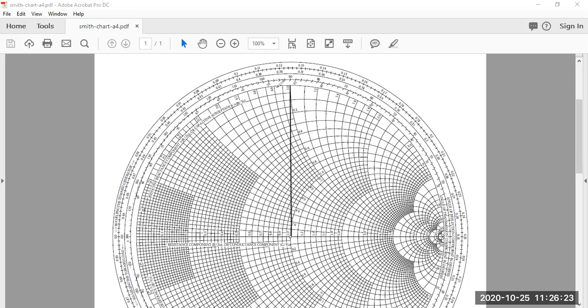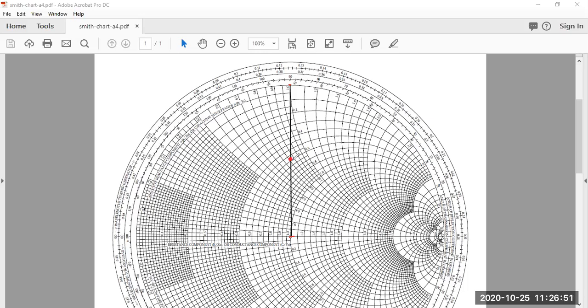So this is the line that you need to draw on the Smith chart that you will have, and then find out the center of this line. So if this line is 8 centimeters, then the center will be at 4 centimeters. So with the help of a scale, you will find out, let's say, this is the center of this line.